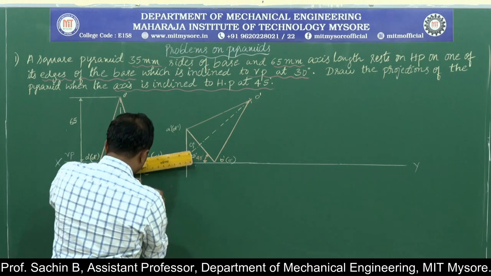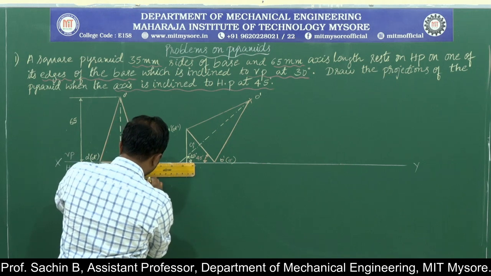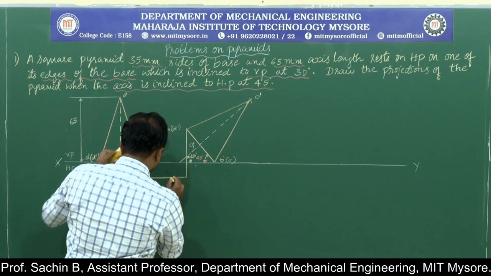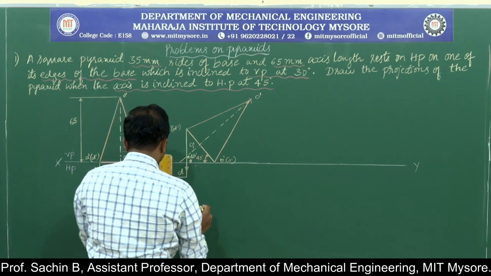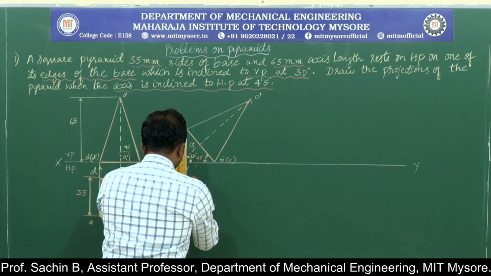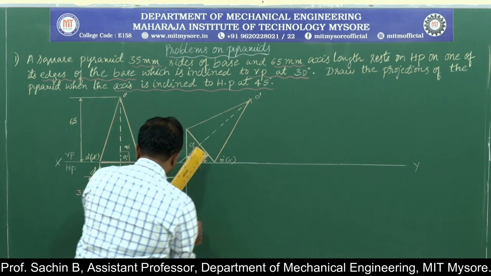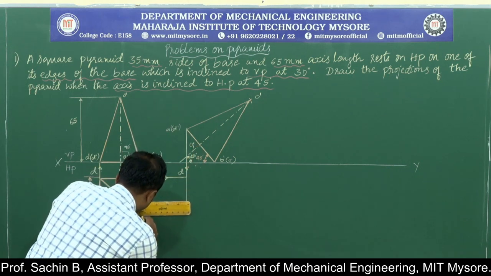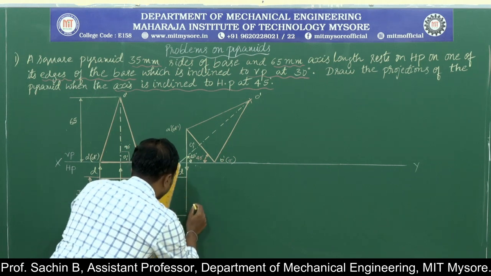It will meet the D dash exactly here. I am going to call this point as D. I am going to extend this with a thin line where it will meet A in the first position, top view.